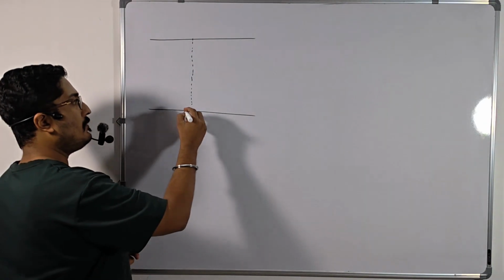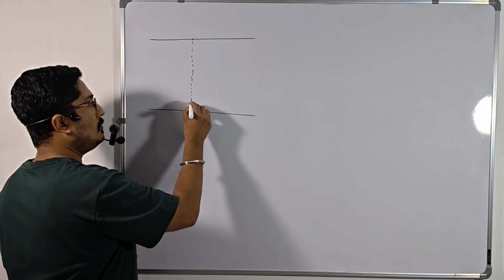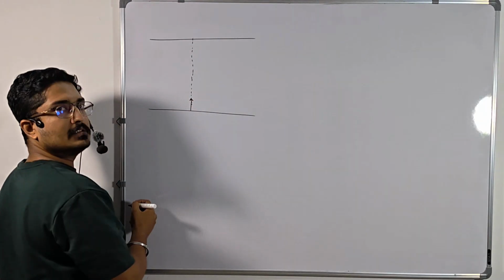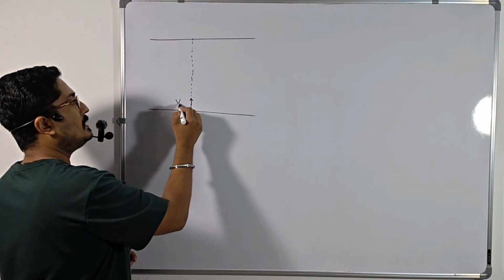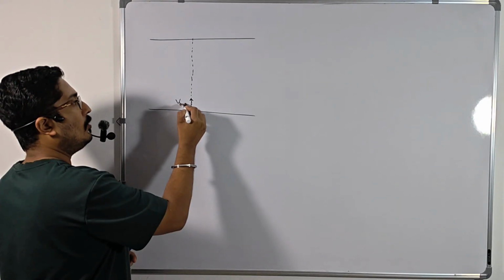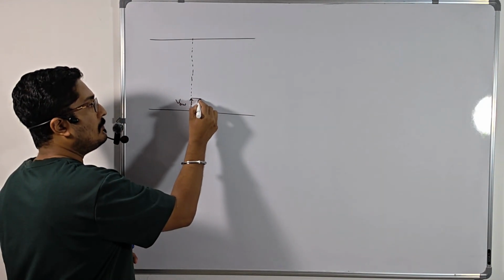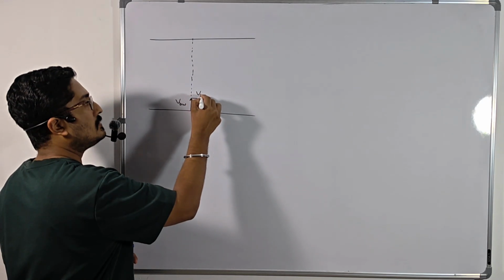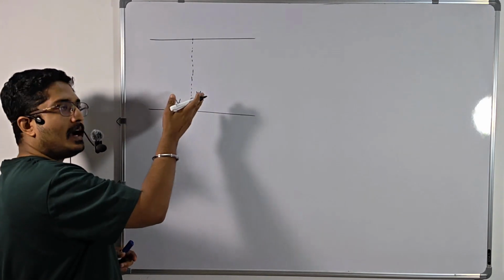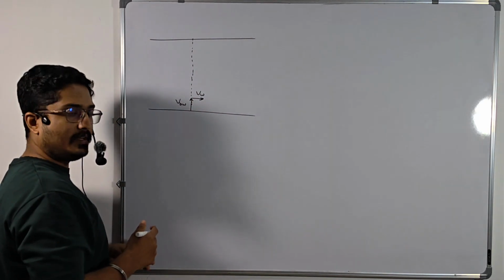So that means the boatman from here would try to steer in this direction with velocity of boat with respect to water, and then the river or the water will push it in this direction. So this is velocity of water, and finally the man would be going in this way, right?